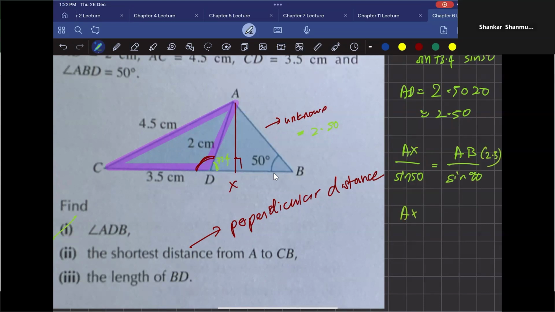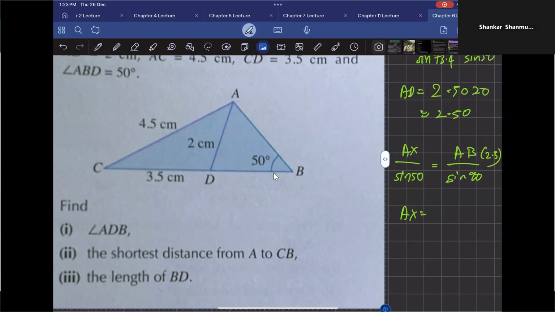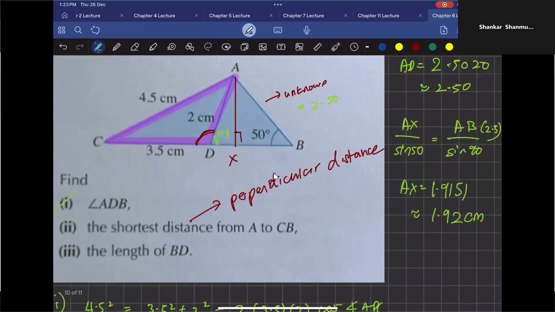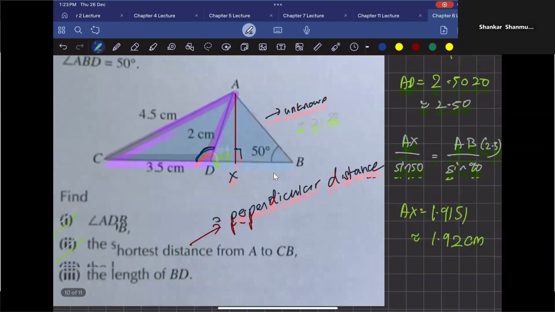So therefore your AX equals... the final answer is 1.9151, approximately 1.92 cm. So this is your part 2 done.